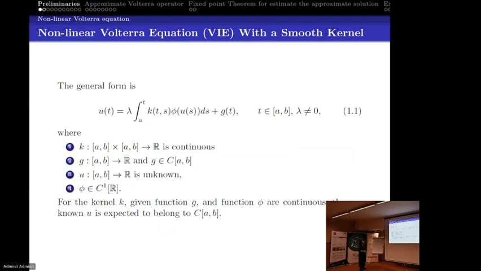So here is the nonlinear Volterra equation. You can see that K is the kernel, G is the given function, and phi is related to the nonlinear part. Because K, G, and phi are continuous, the unknown function U that we are going to approximate is expected to be continuous also.